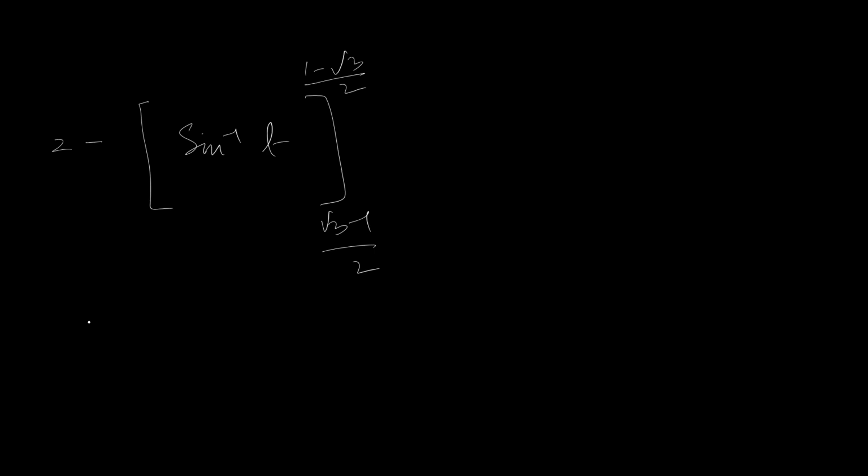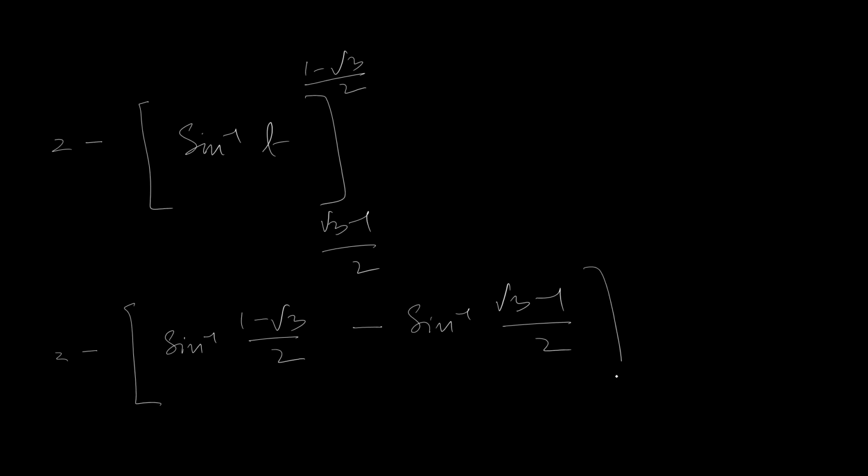So now this equals −[sin⁻¹((1 − √3)/2) − sin⁻¹((√3 − 1)/2)].